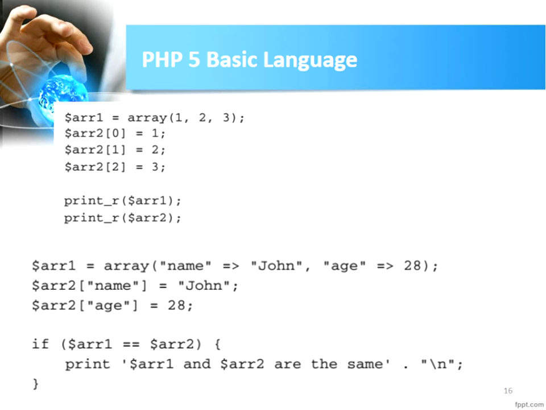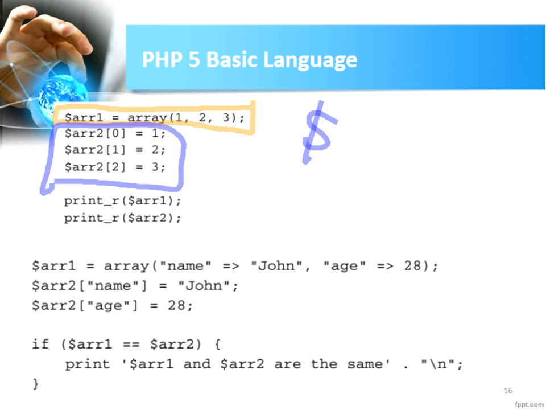So how can we access this array? If I create an array equal to 1, 2, 3, this is the first manner to create an array, array 1. I can also create array 2, like this. So array 1 and array 2 are equivalent here.